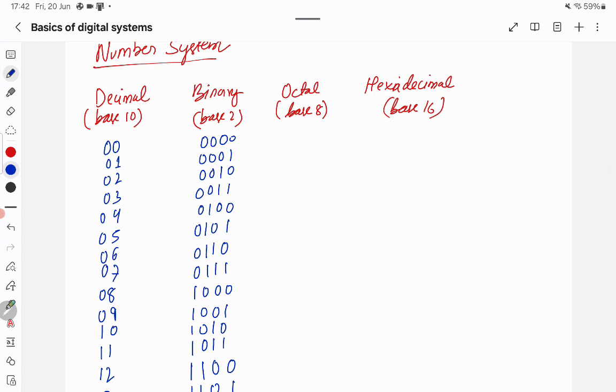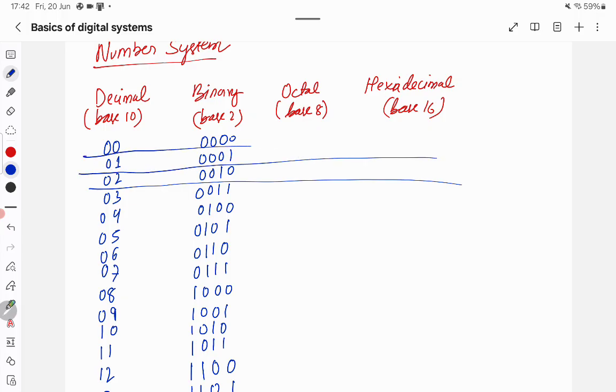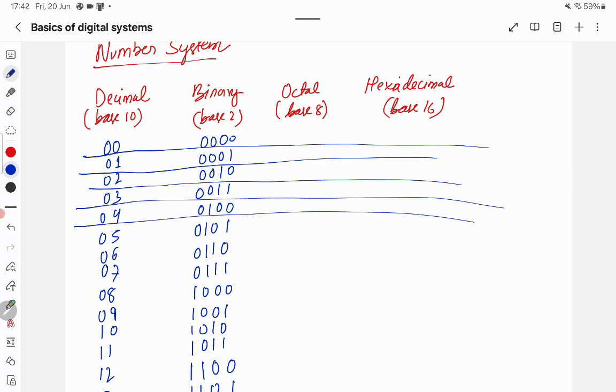But in octal, how can we represent? We can represent 00 as 00, then 01, then 02. Let me make a table so that we don't go out of order.